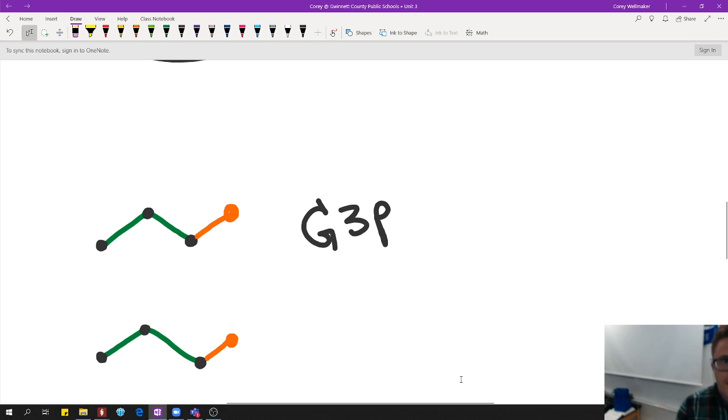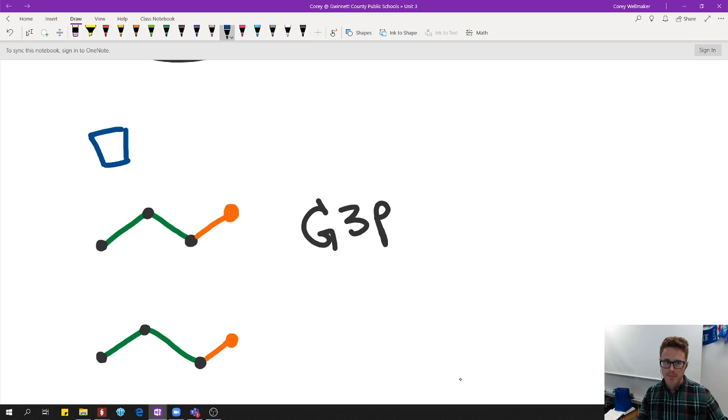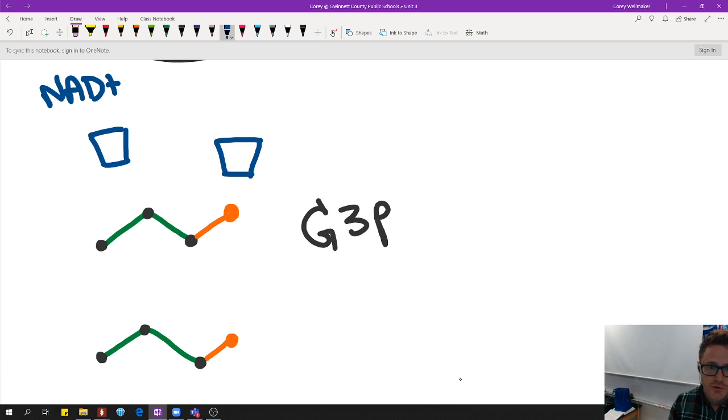We have an empty bucket, NAD+. Now remember, there's actually a really big enzyme coming in. It's really just the coenzyme NAD+ which is facilitating that oxidation reduction reaction. So here's my empty bucket, NAD+. The bucket's going to come in and scoop out some high energy electrons, and G3P is going to lose a hydrogen as well.